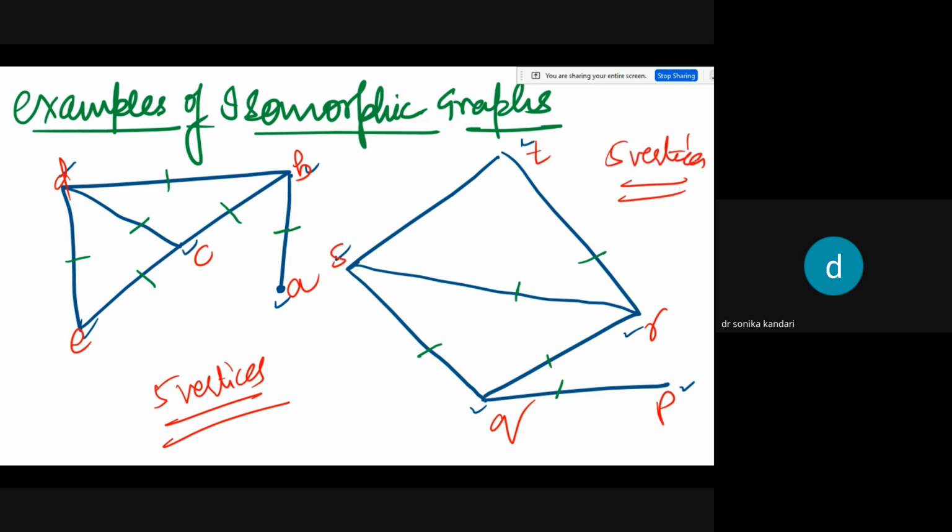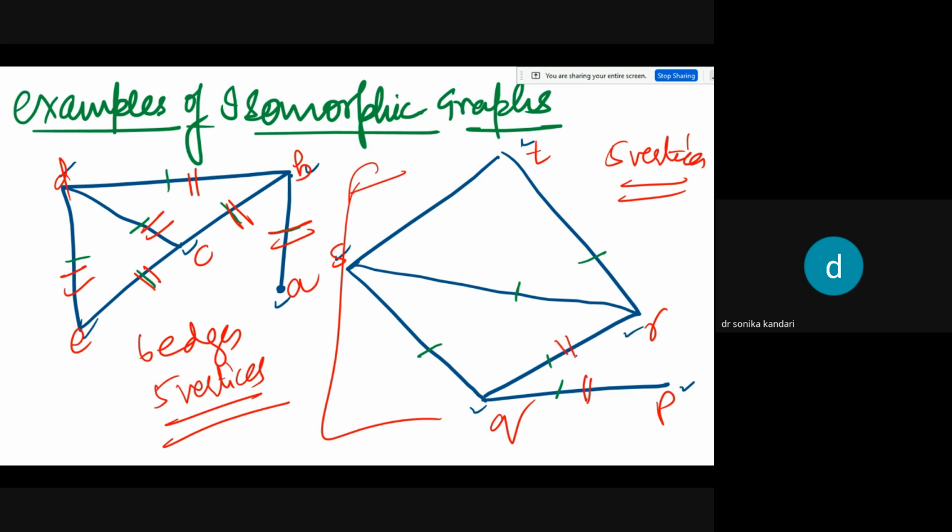Then the number of edges: 1, 2, 3, 4, 5, 6. Let us count on the right hand side: 1, 2, 3, 4, 5, 6. So in both graphs we have 6 edges and 5 vertices. Only the way of representation is different.